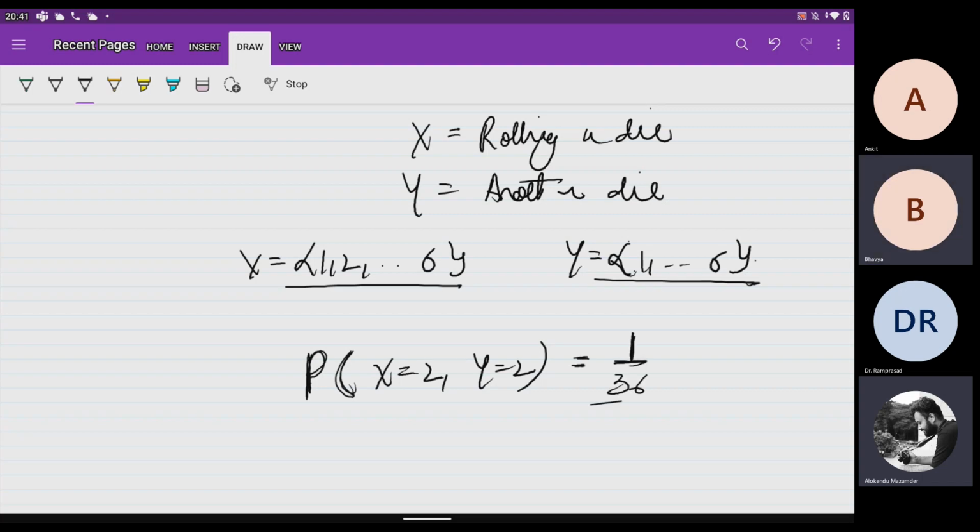One more thing, when you said you are rolling simultaneously, does that mean to avoid that conditional probability confusion? No, there is then no term of conditional probability. I am just rolling them independently.